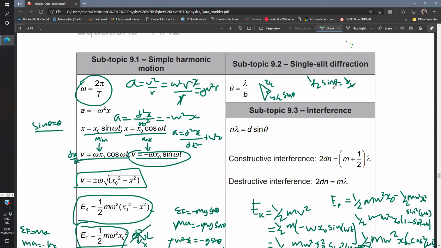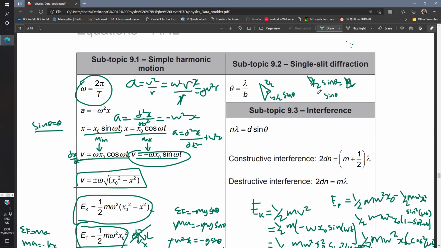Lambda and lambda cancels. Sorry, this is B. So lambda cancels. This is B, this is lambda sine.